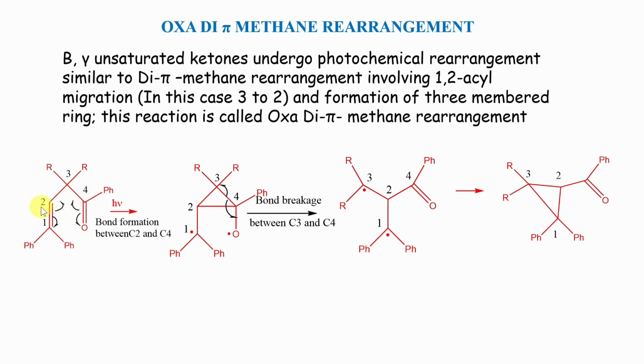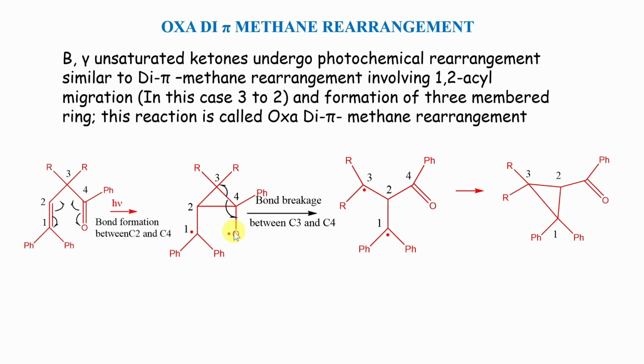Bond formation between C2 and C4 takes place using these radicals, and hence we get this 1,4 biradical: 1, 2, 3, 4. That is the first stage.